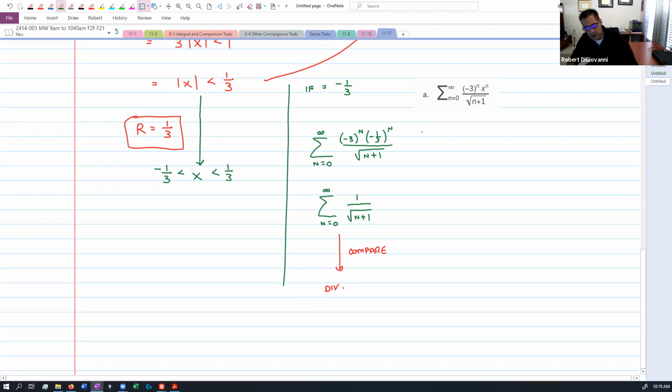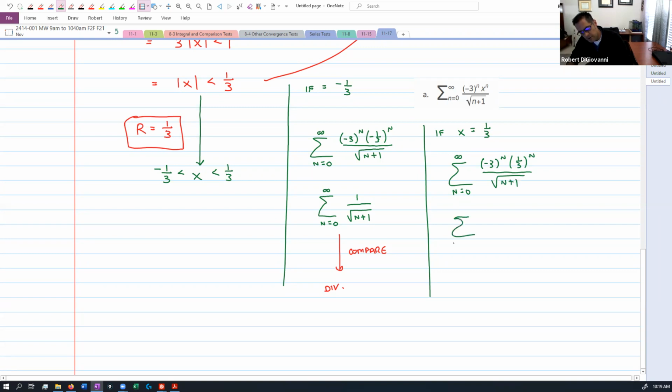And now we need to run the other endpoint. So if x is +1/3, we plug that into the series. And we get -3 to the n, and this time 1/3 to the n over square root of n plus 1.